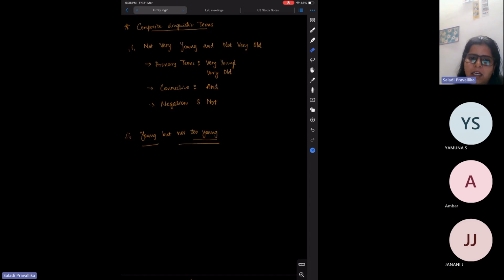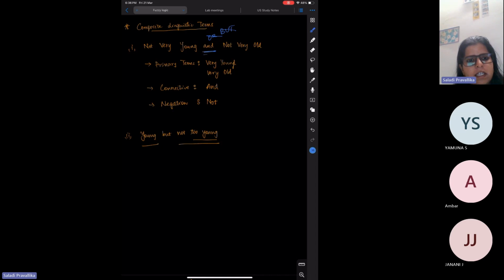The primary terms are very young and very old, and the connective word is "and." Sorry, if I use "or," that is also a connective term. If I use "but," it's also another connective term.